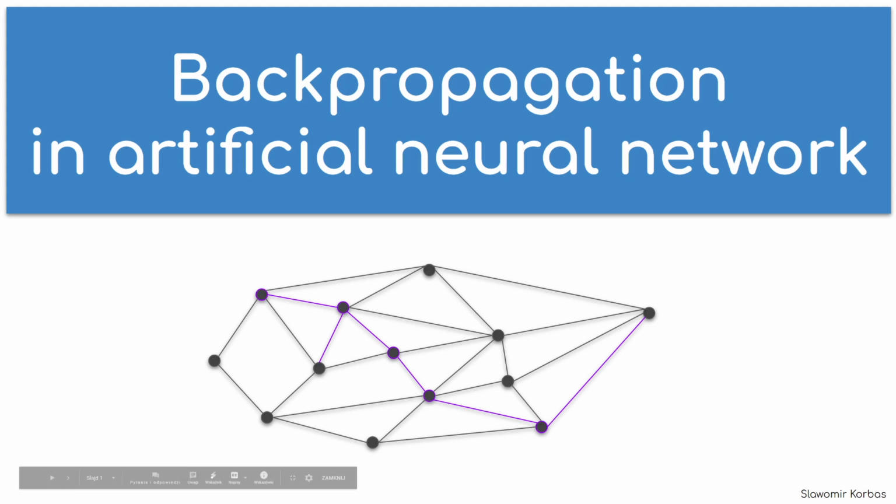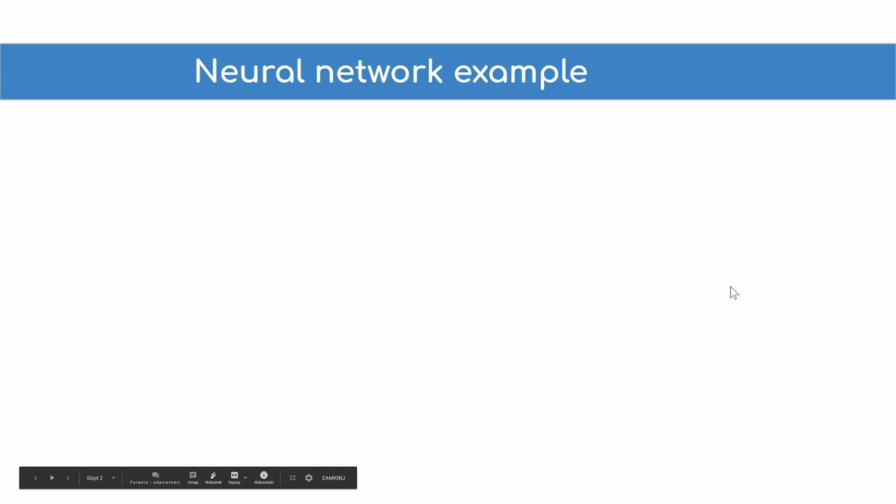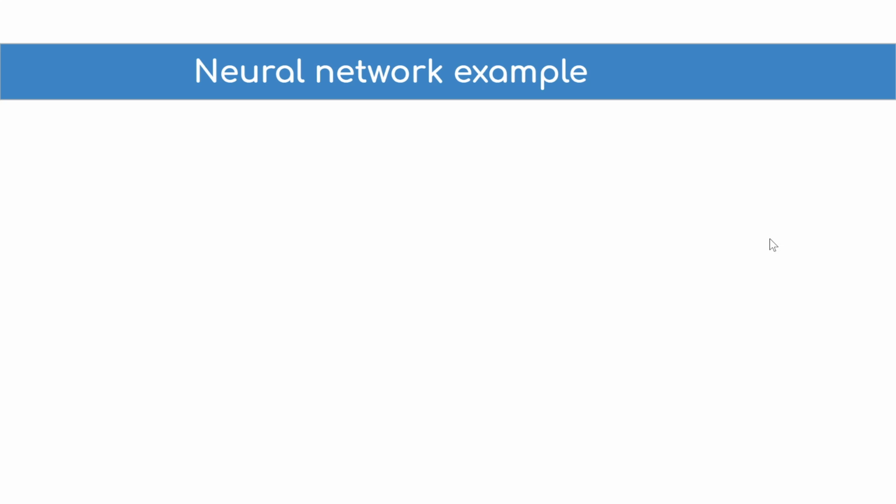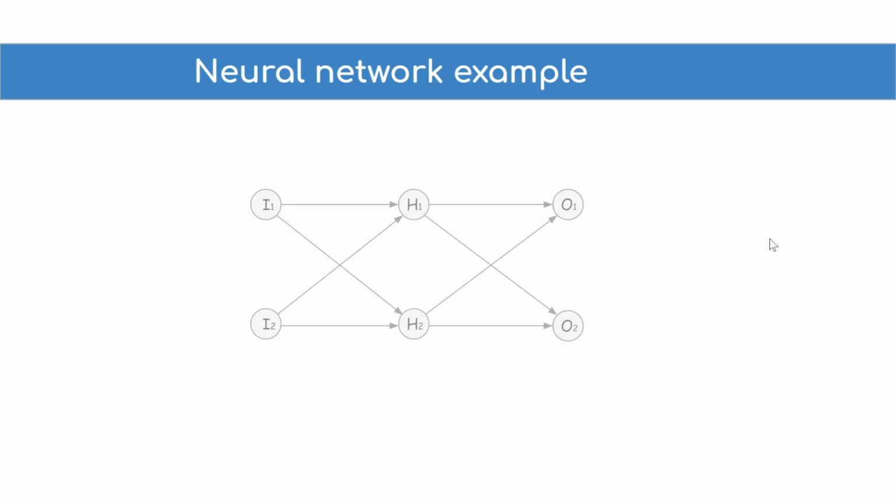Okay, so now I will try to show an example of a neural network, which will be a good point to start the discussion. So let's consider this one. There are no bias neurons, however, they should be there because usually they are in each neural network.